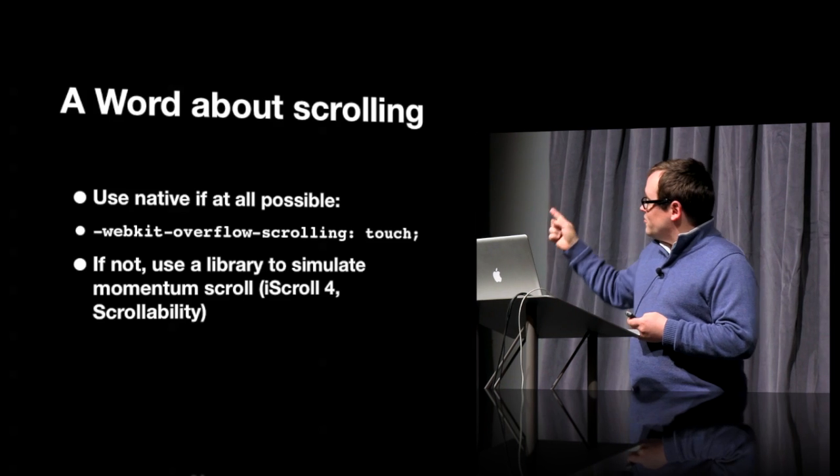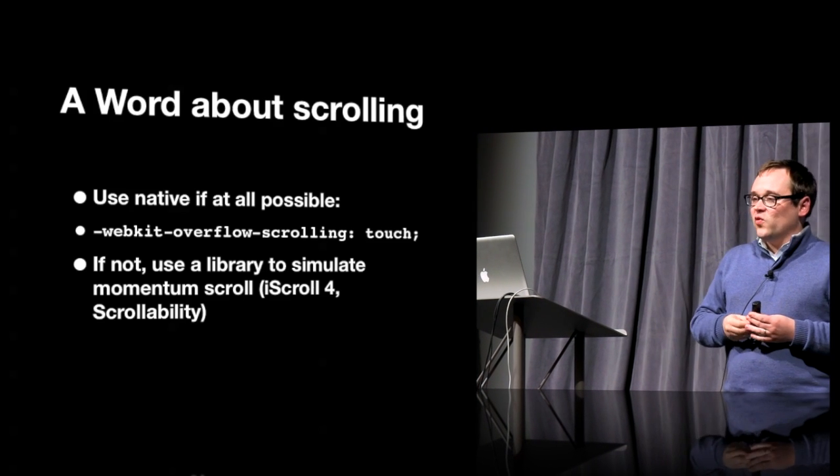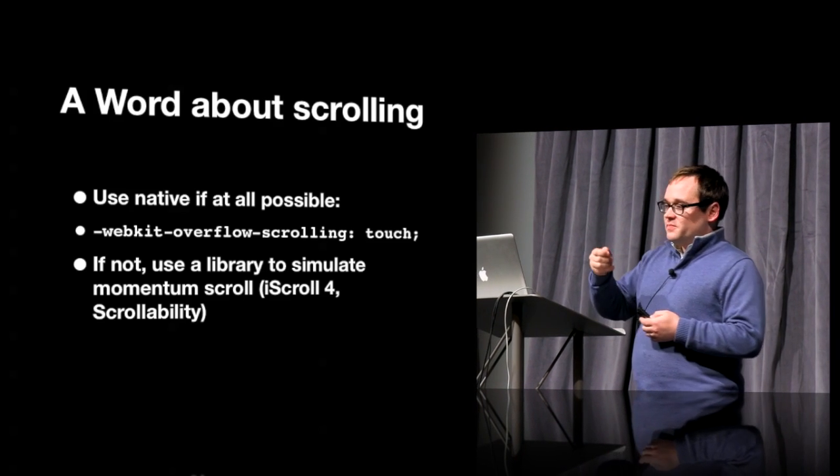These days you can use WebKit overflow scrolling. It's pretty nice. It works well enough, though it doesn't bounce the whole way; it bounces the entire page. But libraries like Scrollability and iScroll 4 will handle that bouncing. Use native when available.